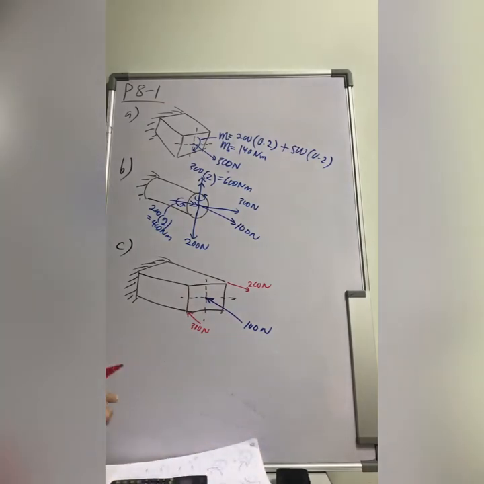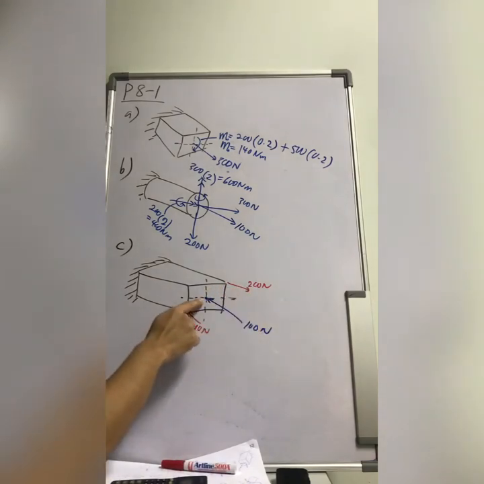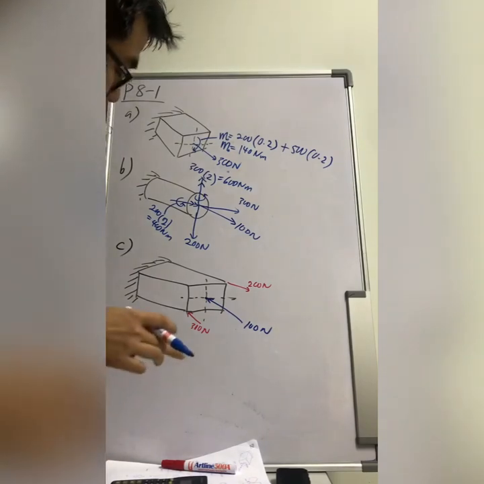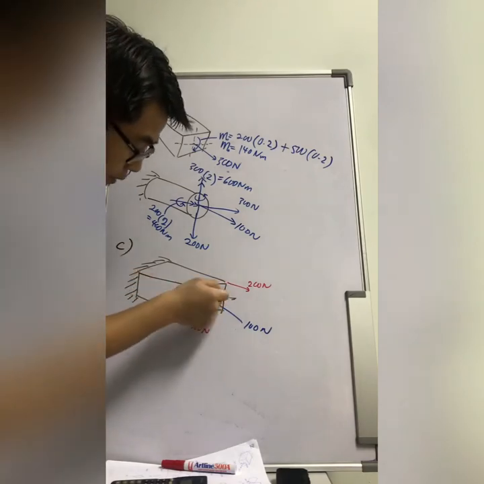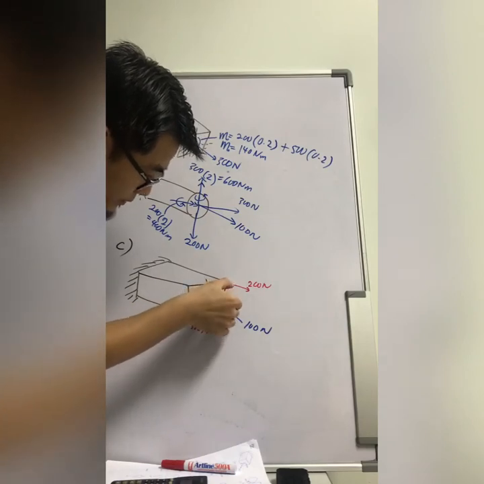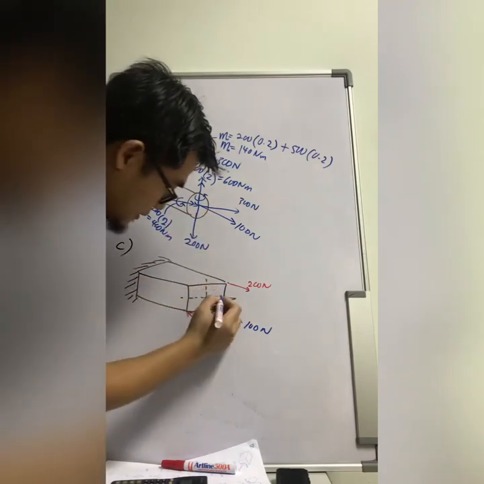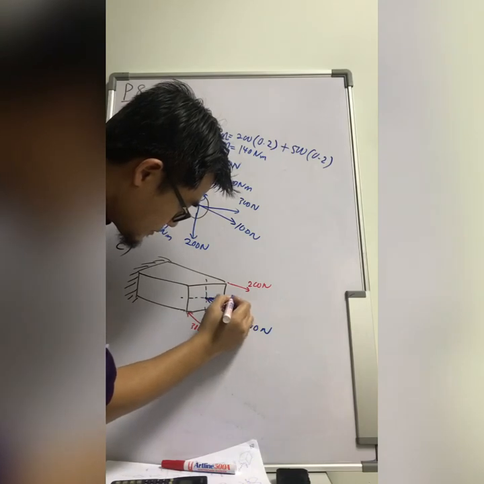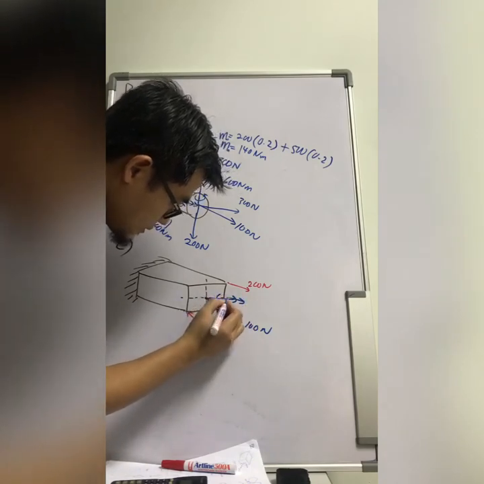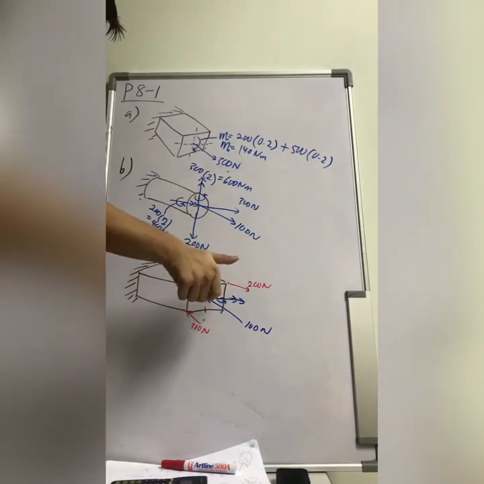So look here. What do these two loads do to this centroid in terms of the bending moment? Can you see this? This 200 Newton, if we consider this distance for both of them, 200 Newton times this will give you this moment.